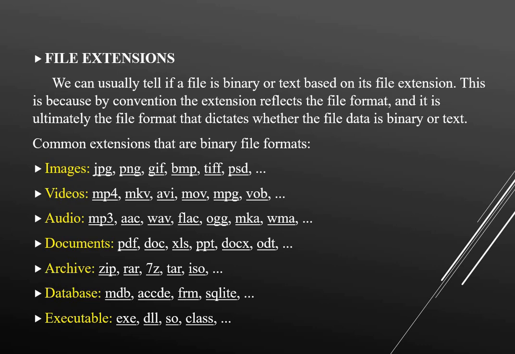So let us see what the common extensions of binary files are. For images, you will see JPG, PNG, TIFF, GIF. And for videos, you have MKV, AVI, MP4, etc. For audio, you have WMA, that is Windows Media Audio, and MP3, AAC, etc. And for documents, you have DOC, PDF, XLS, which is the Excel sheet, PPT, that is PowerPoint, and DOC, the Microsoft Word document.